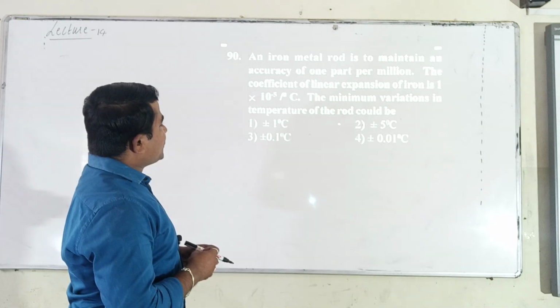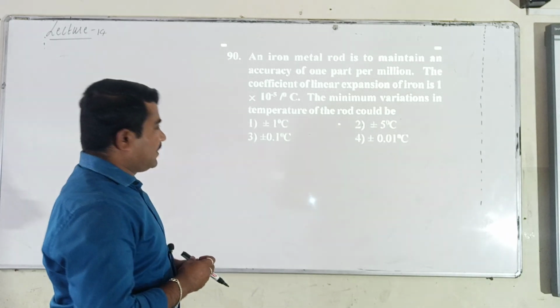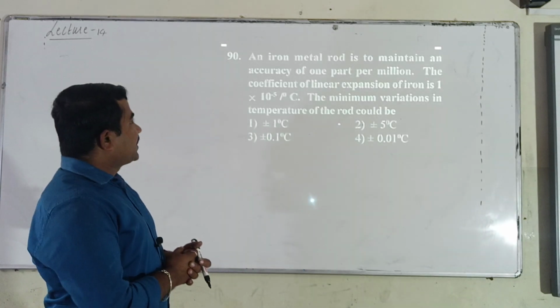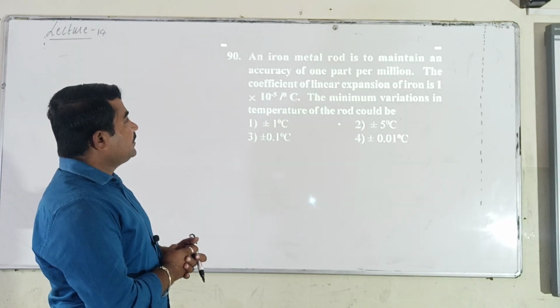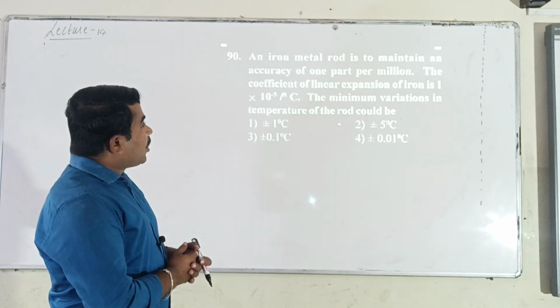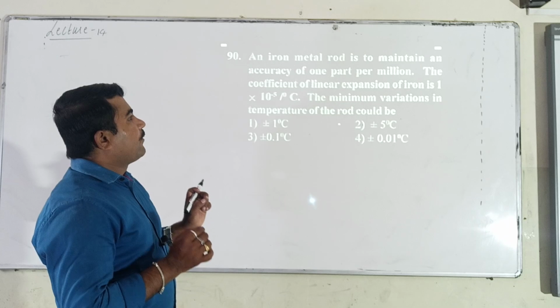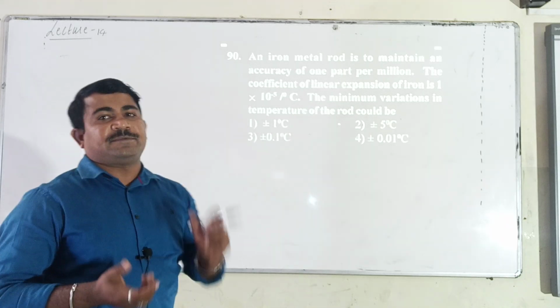The minimum variation of the temperature of the rod could be? See here, the question is like this. Shall I go over the question? The iron rod is to maintain an accuracy of 1 part per million.